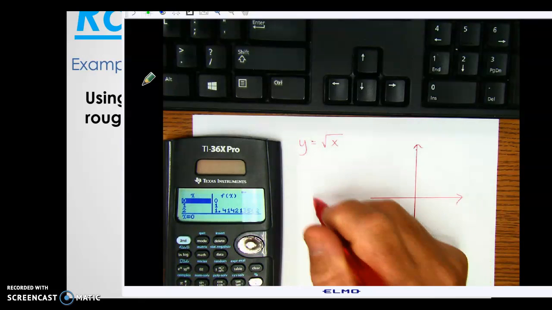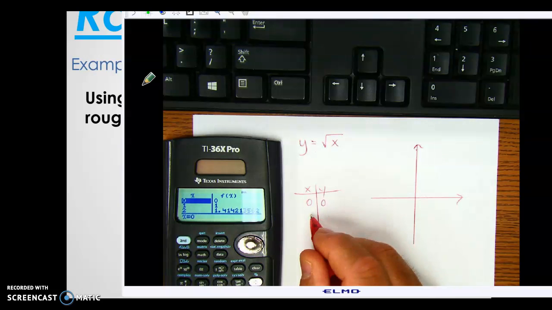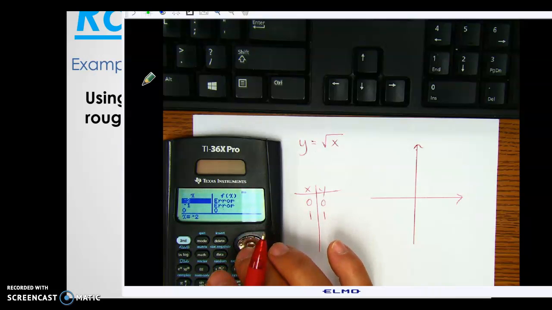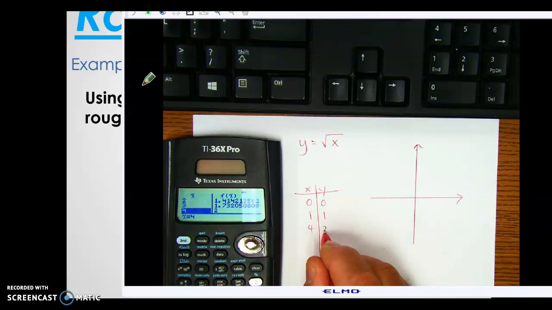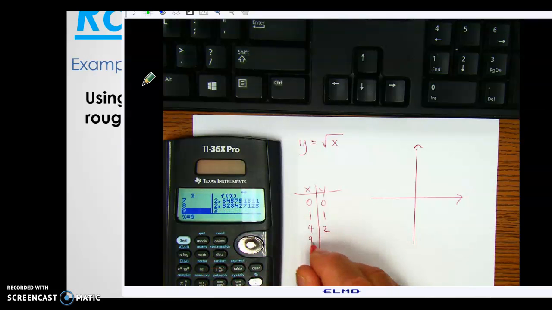I'm going to use 0, 0. I don't use any negative numbers, by the way, because I get an error. All right, 4, 2. Let's find one more good point that doesn't have decimals, 9, 3.